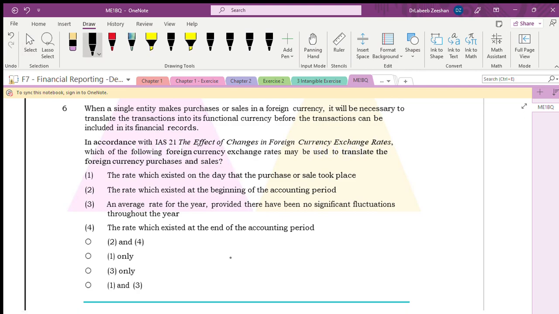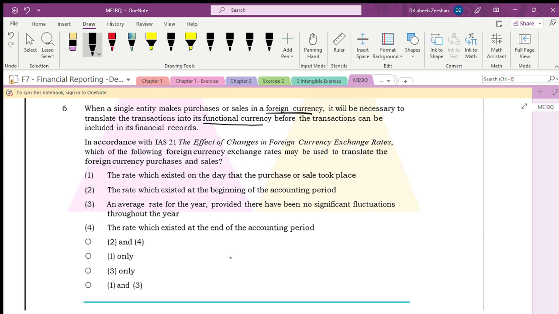Next. When a single entity purchases or sells in a foreign currency, it will be necessary to translate the transaction into functional currency. Foreign currency transactions. Before you see this, see the videos. I have posted videos on foreign exchange rates. Please go through the videos.